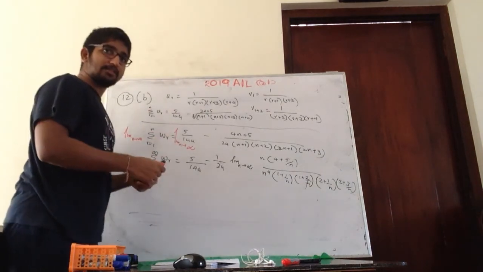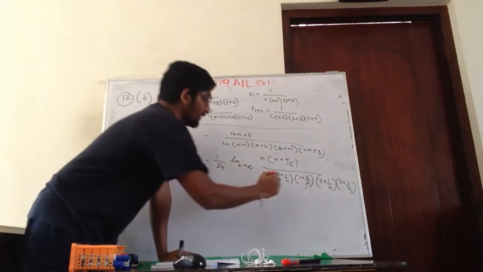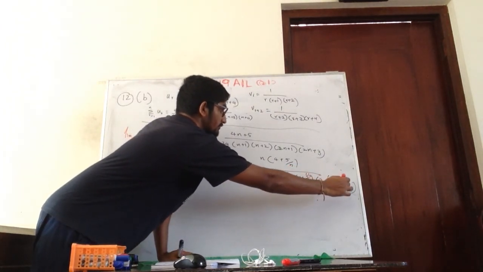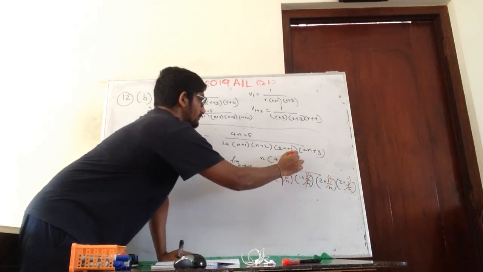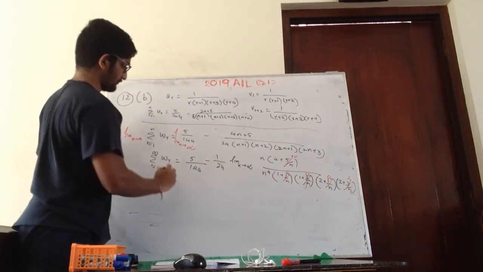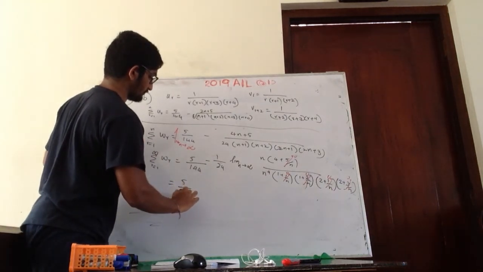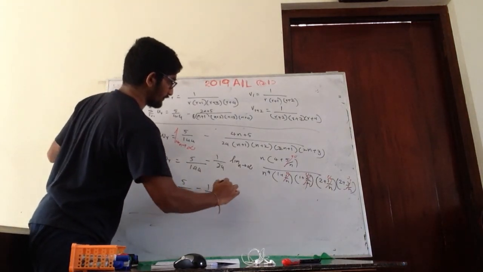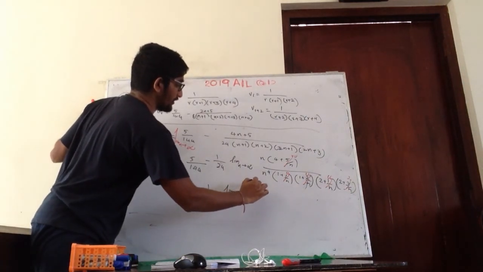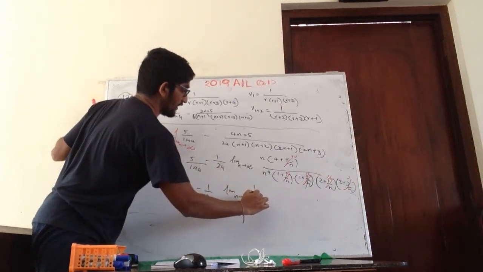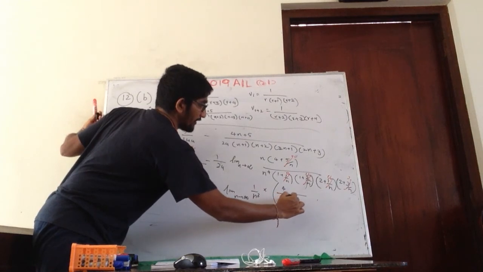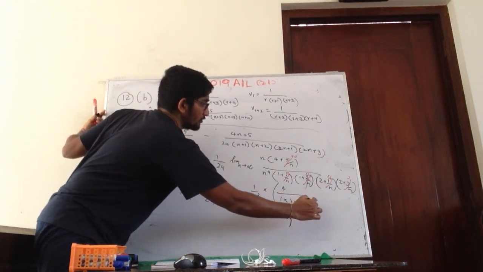So now what happens is that when you put the limit, these will go to 0. And then you are left with the limit n goes to infinity of 1 over n cubed into 4, 1 plus 1 into 1 into 2 into 2.